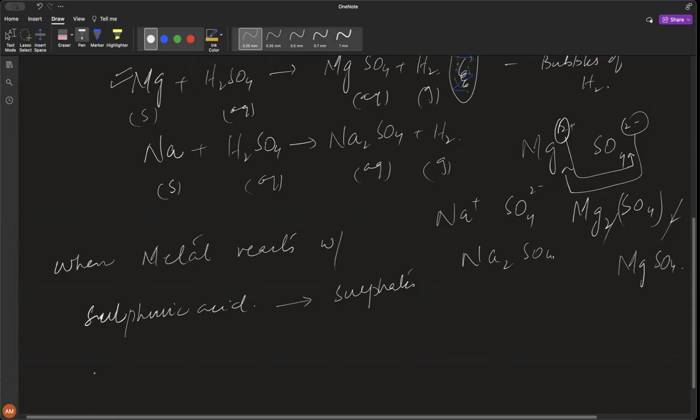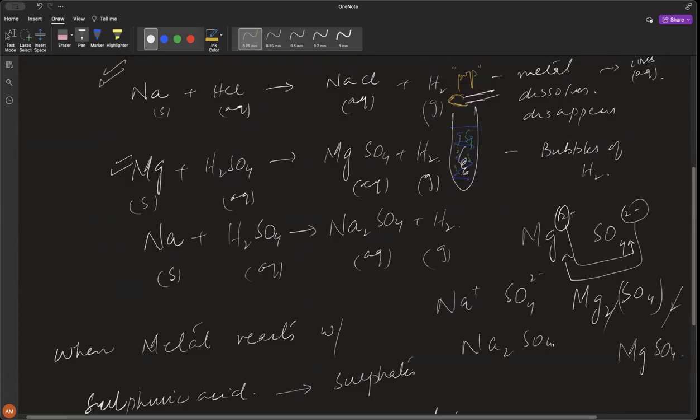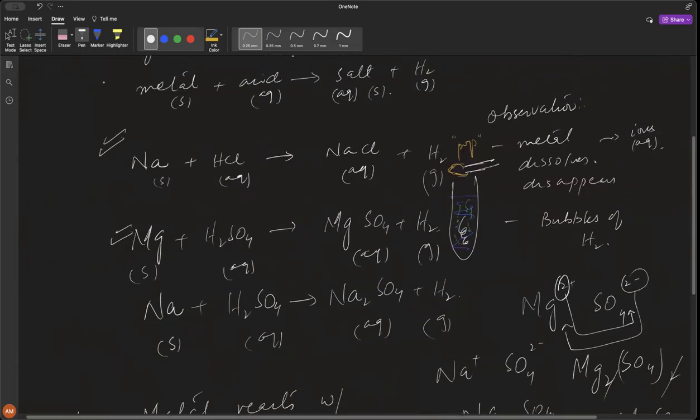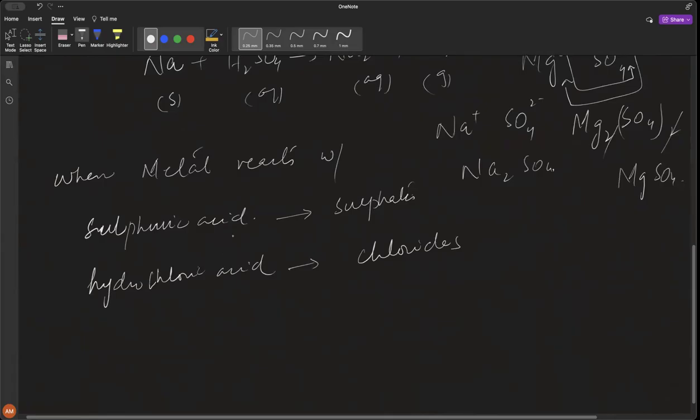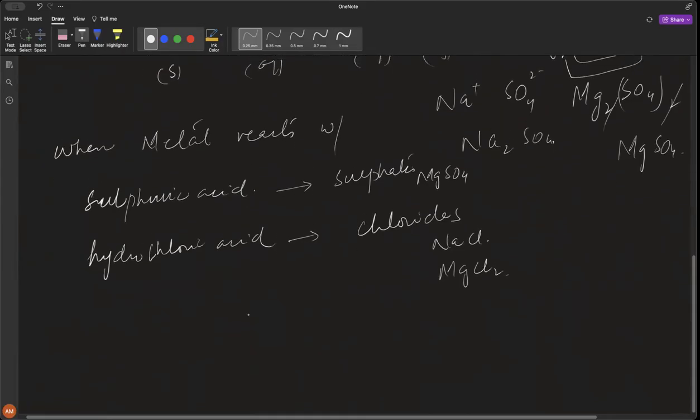When metals react with hydrochloric acid, you are going to get chlorides, like sodium chloride over here. You understand? Are you able to get this? MgSO4, NaCl, or MgCl2. You get it?